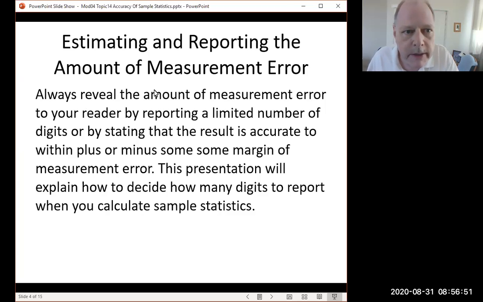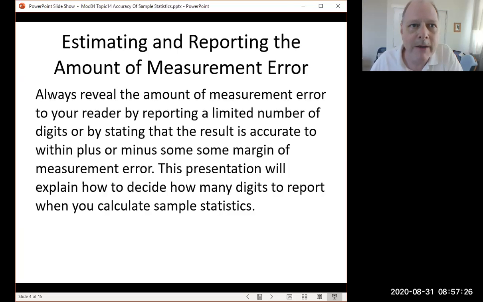Now, we're not going real deep into measurement error in this discussion. We're really just trying to decide, when I write down my sample mean, for example, or I write down my sample standard deviation, or some other sample statistic, how many digits should I report?